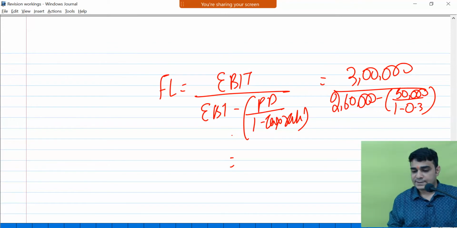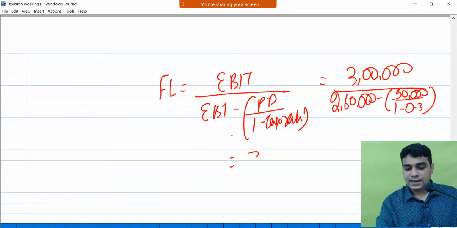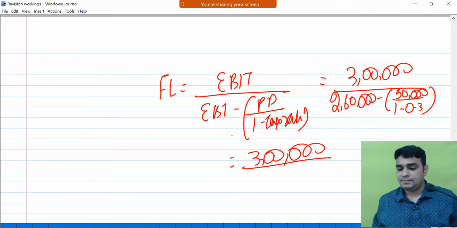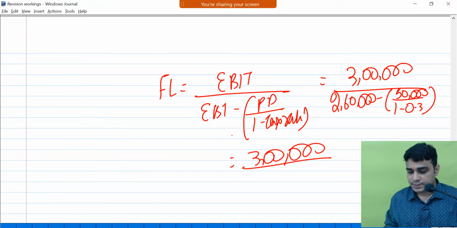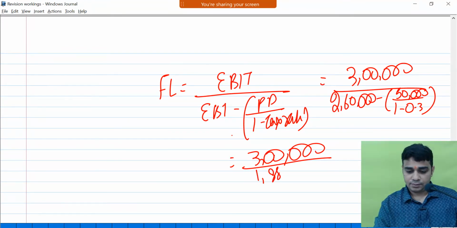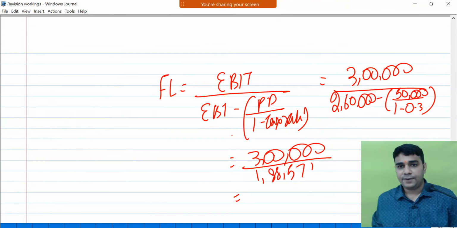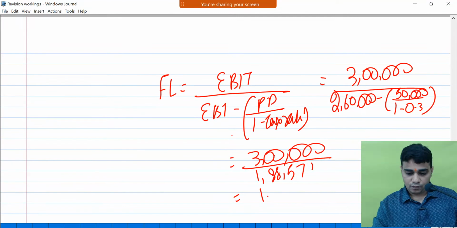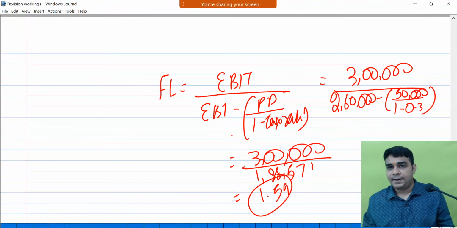So 3 lakh, 2 lakh 60 minus 50,000 divided by 0.7. How much you get in the denominator? 188,571, and you finally end up getting the financial leverage, which is 1 point. Okay, so that's your operating leverage and financial leverage.